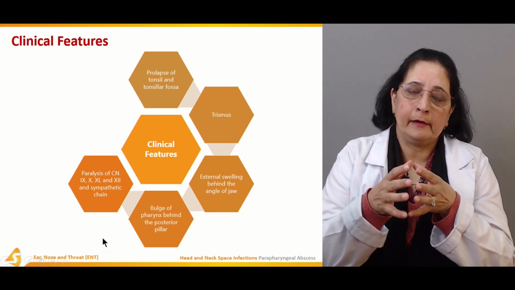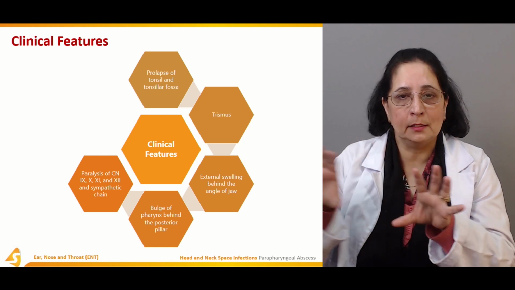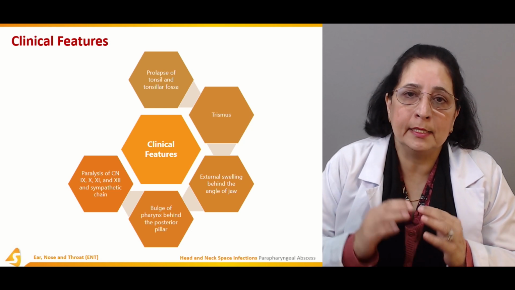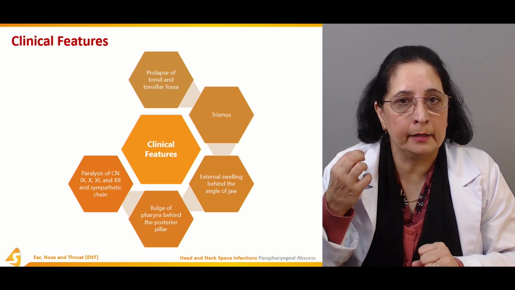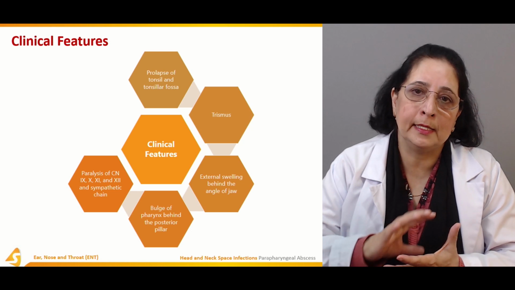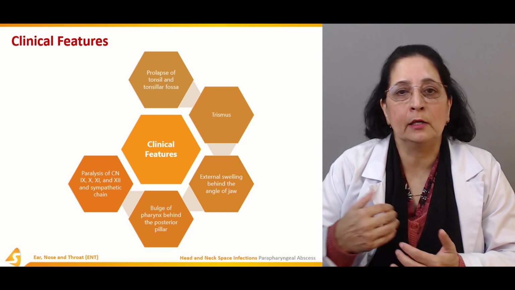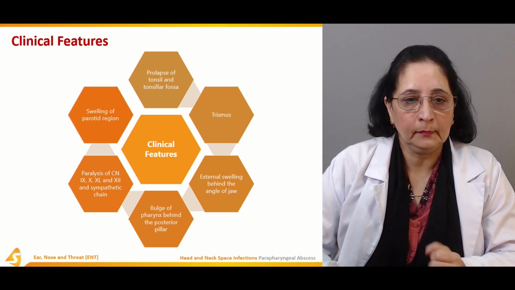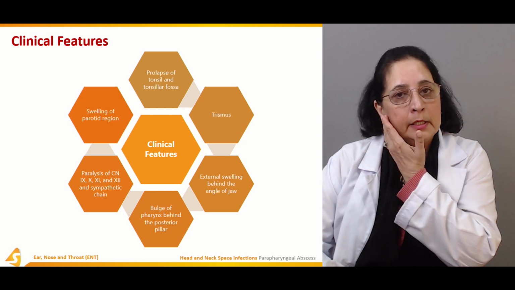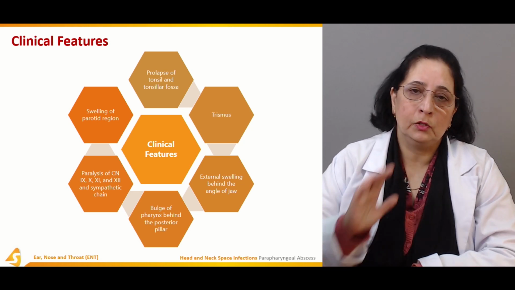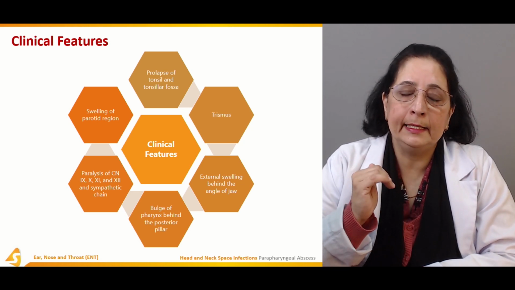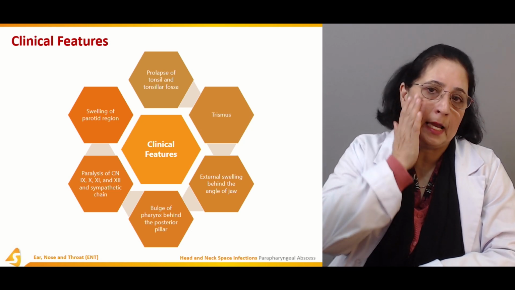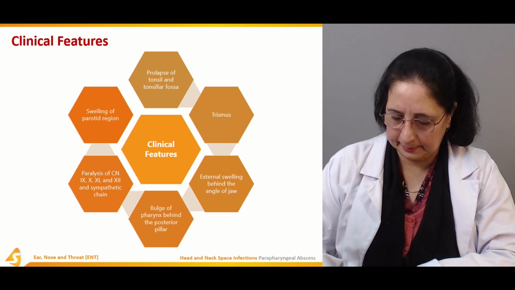In the first diagram we saw all these cranial nerves crossing in that surrounding area. So whenever there is abscess and that swelling causes pressure on these cranial nerves, it can cause paralysis of these nerves. Swelling of the parotid region is also present. So these are all the clinical features associated with parapharyngeal space. All that surrounding space is affected.